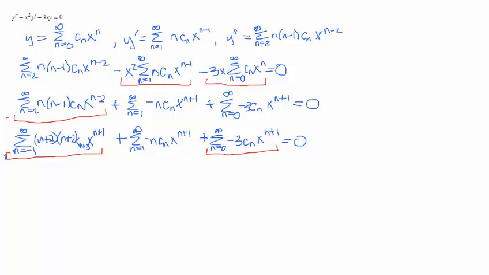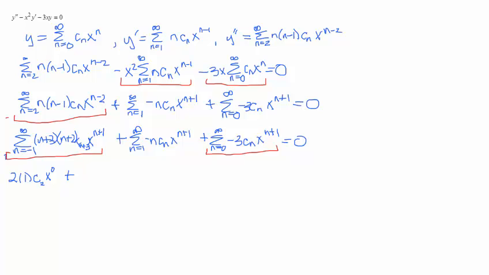All right, so from this first series, I will break off the n equals negative 1 term. So I would have 2 times 1, c sub 2, x to the 0. And then from the first series and the last series, they will break off the n equals 0 terms.